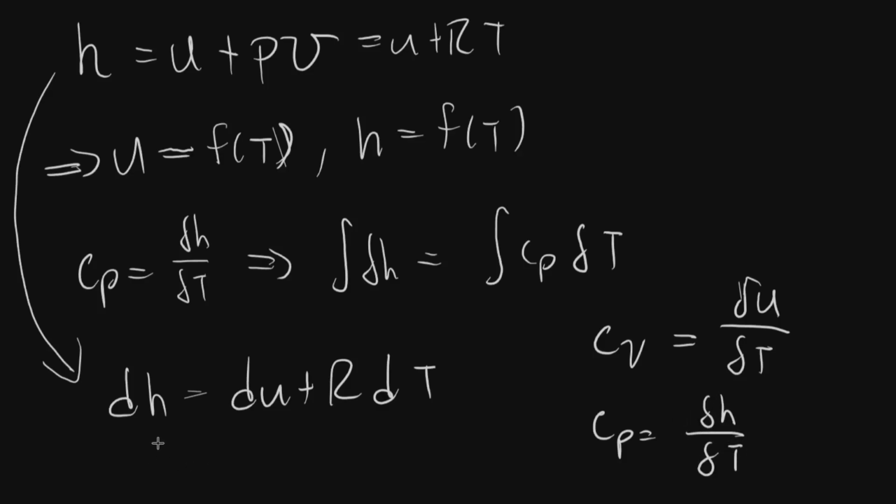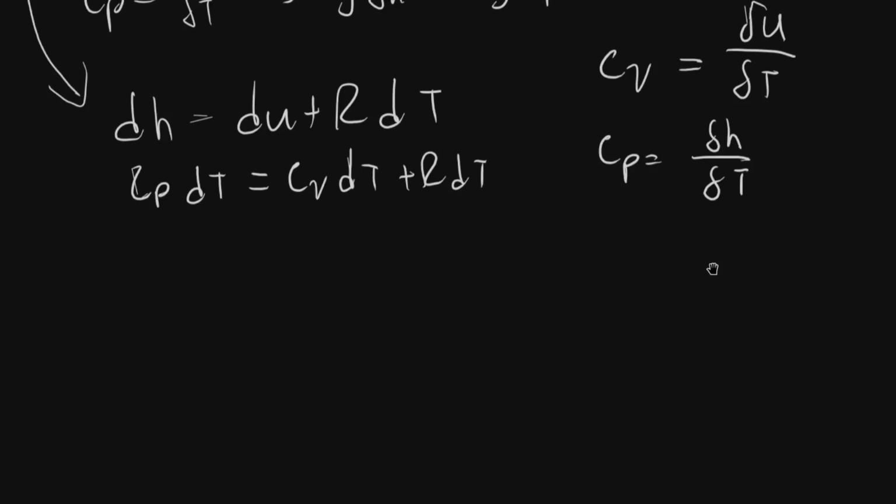So if we plug these in, our dh is Cp dT, and our du is Cv dT, plus R dT. And now notice we can just divide out our dT's right here.